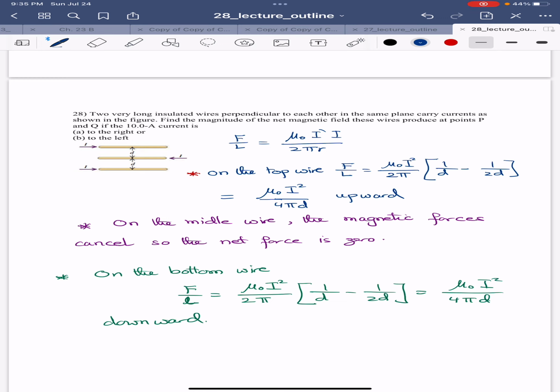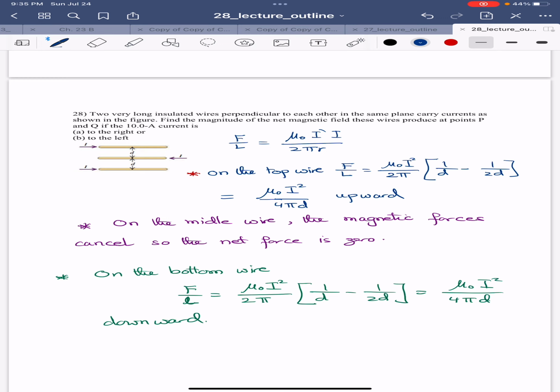Okay, now the equation: F over L equals μ0 I′ I divided by 2πR. On the top wire, F over L is going to be μ0 I squared over 2π times (1 over D minus 1 over 2D). Why is that?